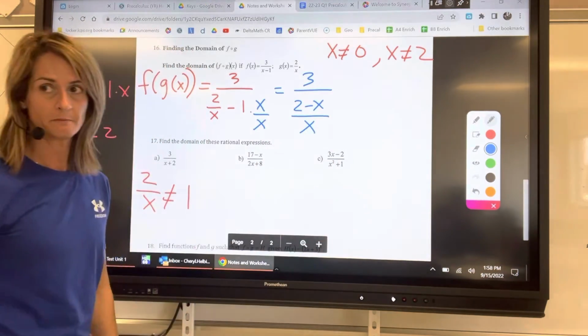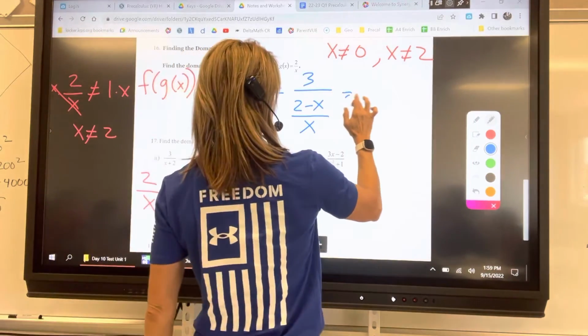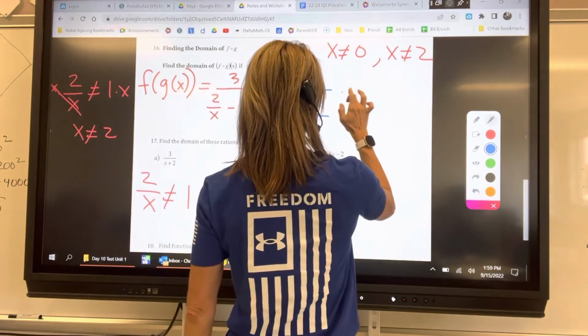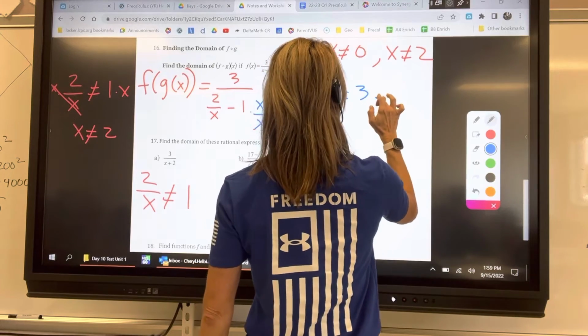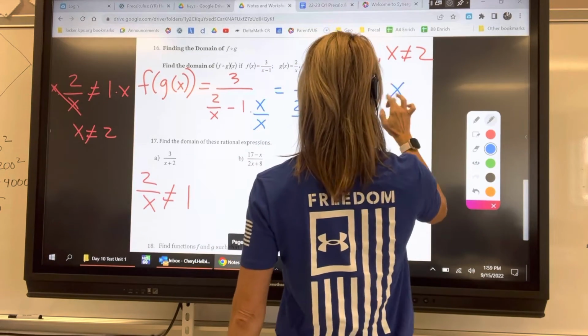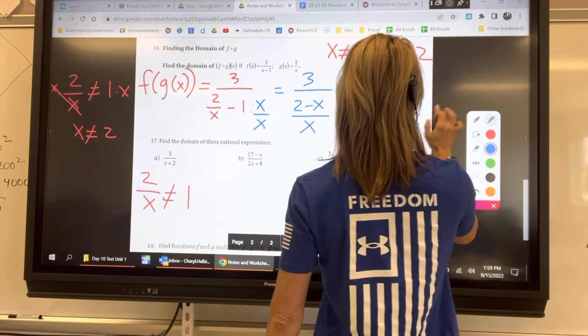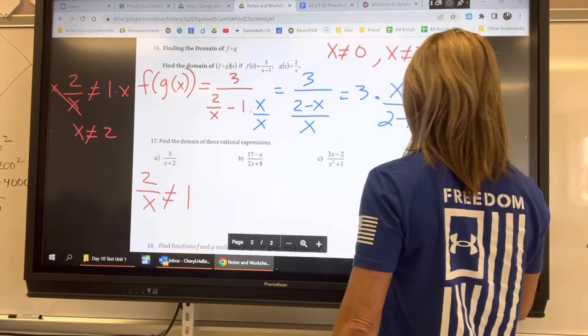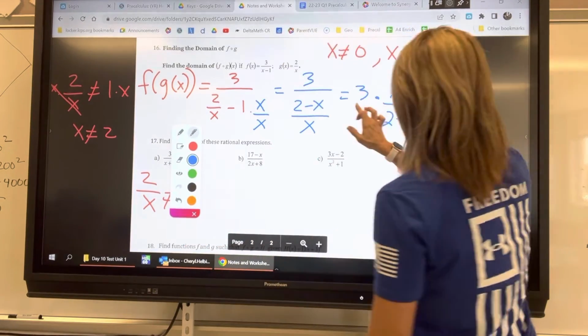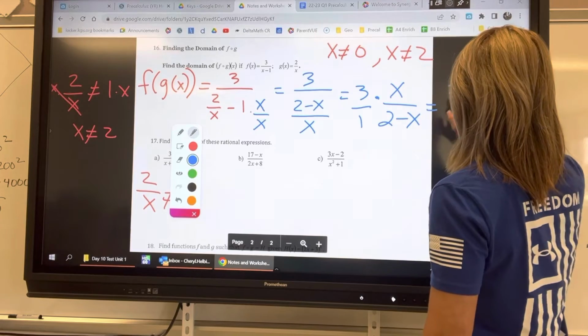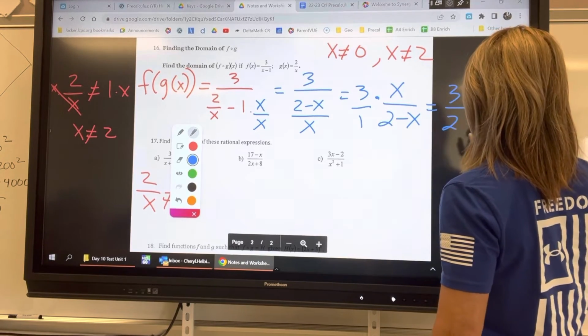Keep, change, flip, and this ends up being 3 over 1 times x over 2 minus x. And that ends up being 3x over 2 minus x.